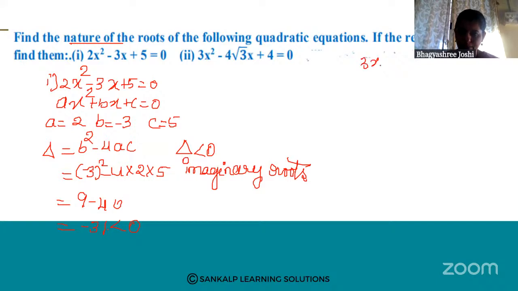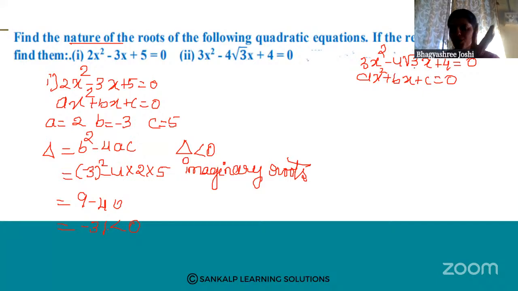3x square minus 4 into root 3x plus 4 is equal to 0. Okay. This is also ax square plus bx plus c equal to 0, also a quadratic equation. So a value is 3 here, b value is minus 4 root 3 and c value is 4, right?